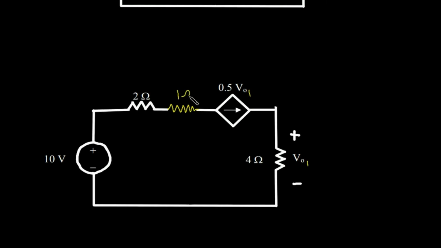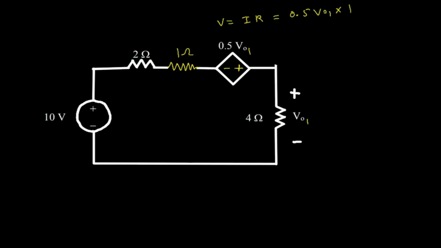Now V is equal to I into R. So I is 0.5 VO1, R is 1 ohm. So this will be 0.5 VO1. But this current source will be converted into its equivalent voltage source. And the polarity will be plus here and minus here, because the direction of current is in this direction.